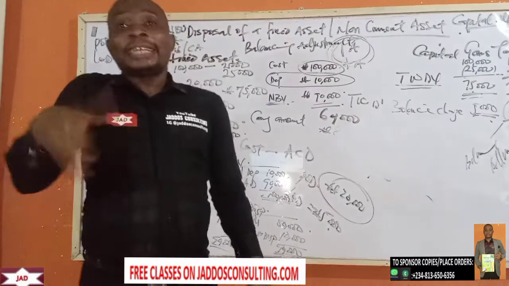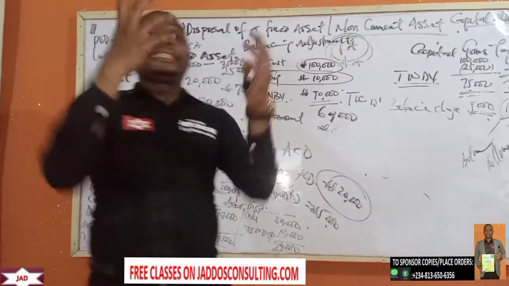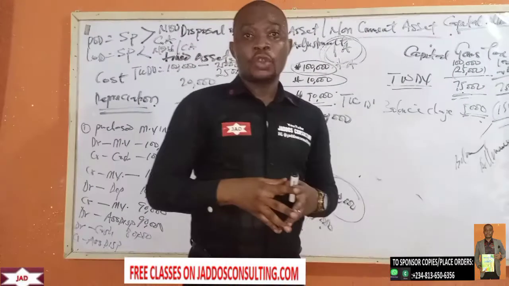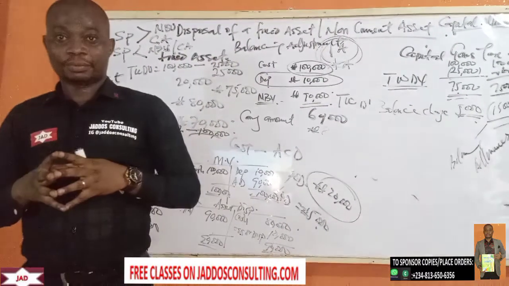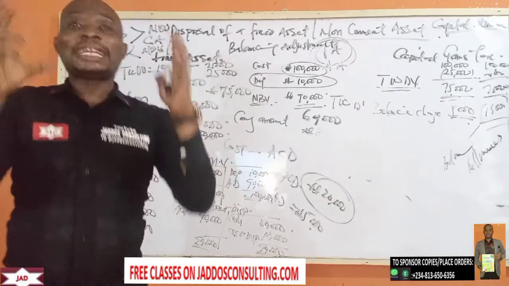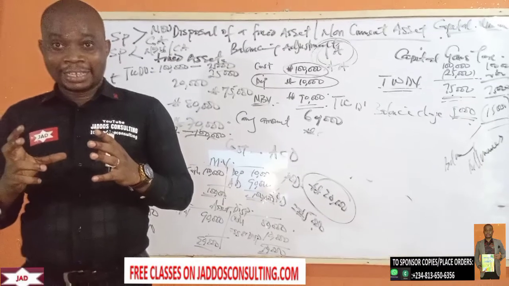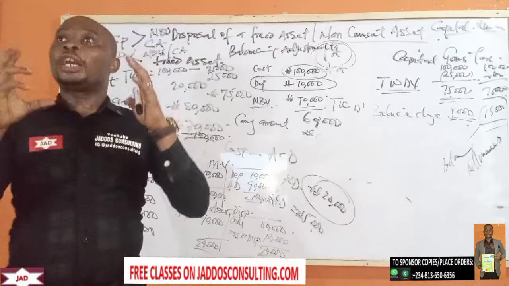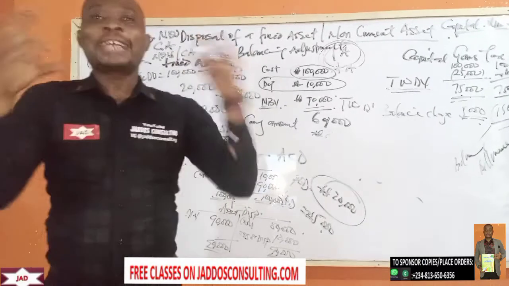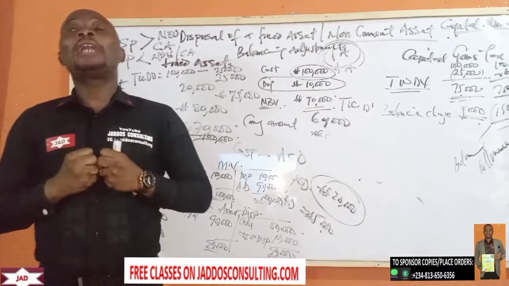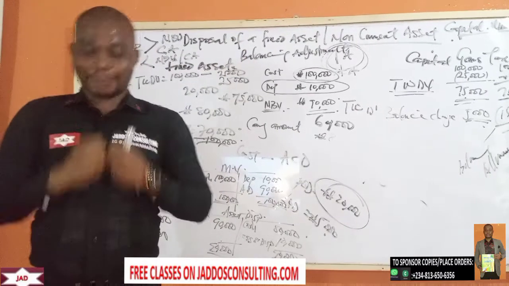So capital gains tax is a tax imposed on the gain derived from the disposal of a chargeable asset. So when you sell an asset, or when you dispose of capital expenditures, there's a capital gain that is usually earned on that asset or on that expenditure.